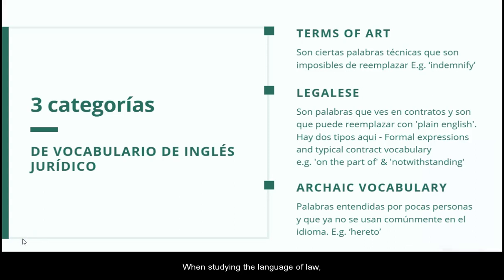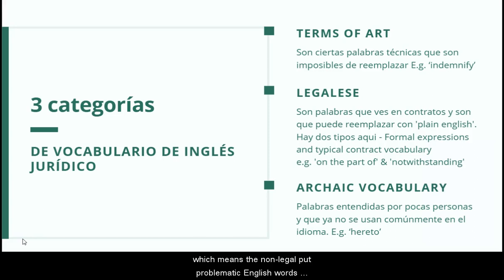When studying the language of law, international lawyers are often advised to divide the vocabulary of contracts into 3 categories. 1. Terms of art, which means certain technical legal words that are seen as being impossible to replace. Number 2.